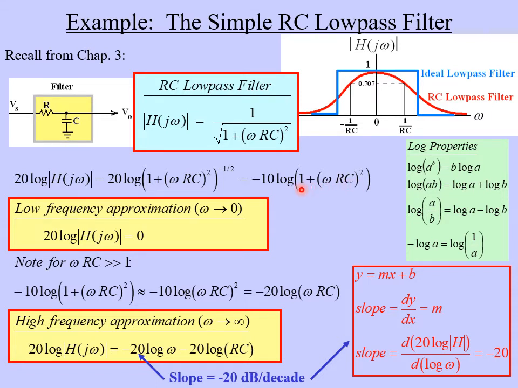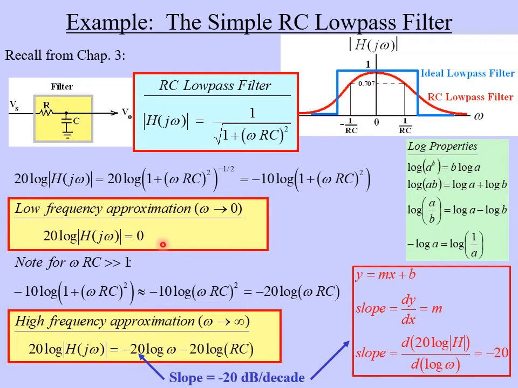We end up with 1 plus 0, which is of course 1, and we all remember that the logarithm of 1 is 0. So at low frequencies, in decibels, this filter has an output of 0 decibels. Okay, so 20 log of the absolute value of H of j omega is equal to 0. So that's our low frequency approximation, 0 decibels.